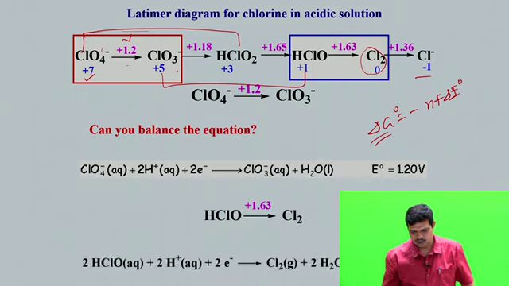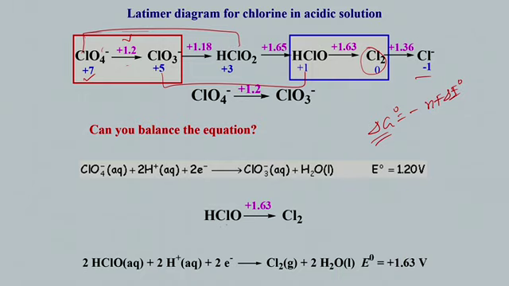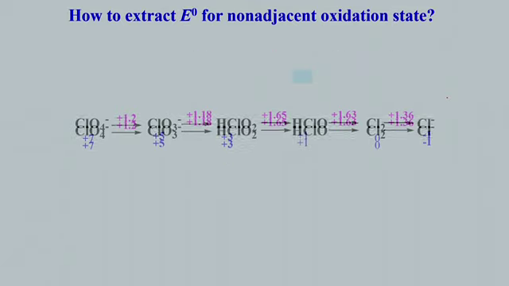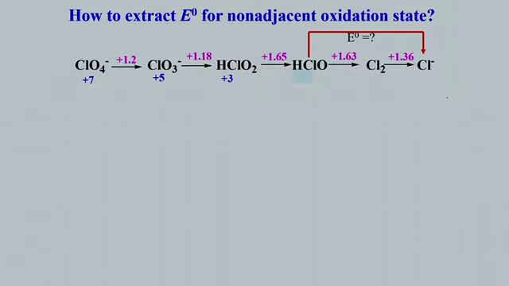As an example, take HClO to Cl minus. You calculate the delta G0, and from there you calculate your nFE0, and you know how many electrons are involved. So, from there you will get the E0. This is easy and very useful.